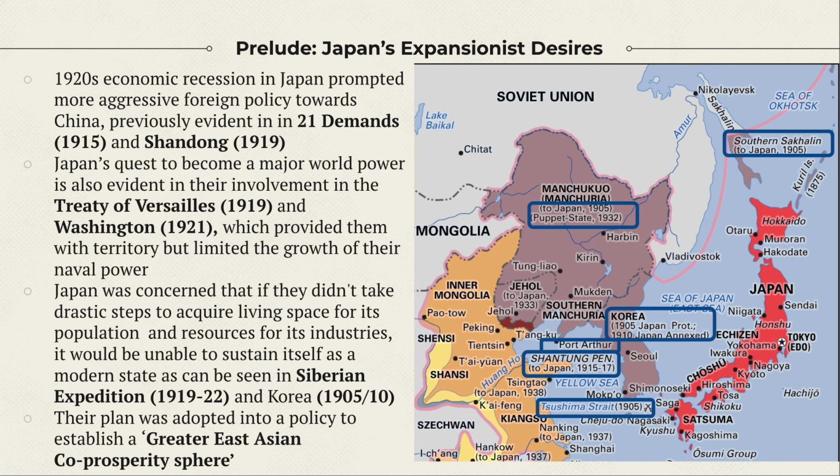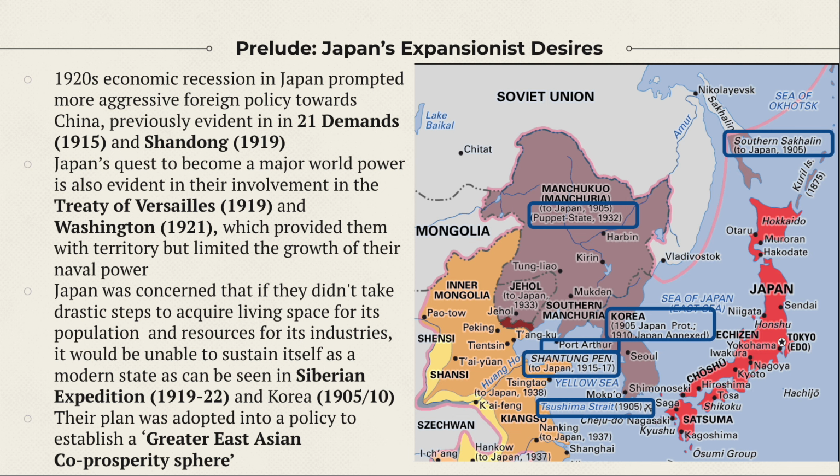So they also have an increasing demand to become a major world power. We see that in the Treaty of Versailles, trying to expand their territorial influence, and then also in the Washington Naval Conference, where they are seeking to expand their military capability. And we get this concern that if they didn't acquire more living space for their citizens, they are not going to be able to sustain themselves as a modern state.